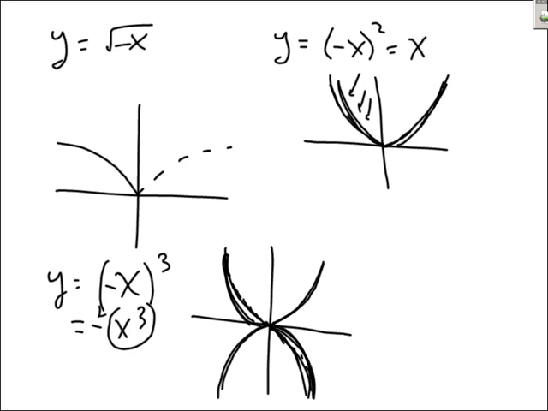That is, you just get back x squared. That is, many of these functions you don't have to worry about whether it says x or negative x. But for square root graph, you do.